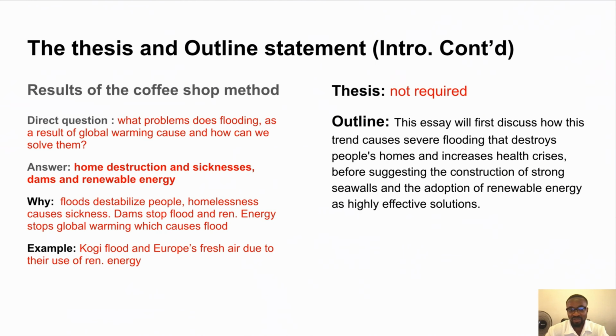So you've seen how I've been able to put the answer I gave in the form of a single sentence. Home destruction and sicknesses were properly captured in the phrase destroys people's homes and increases health crisis, whilst dams and renewable energy were comprehensively captured in the phrase suggesting the construction of strong seawalls.